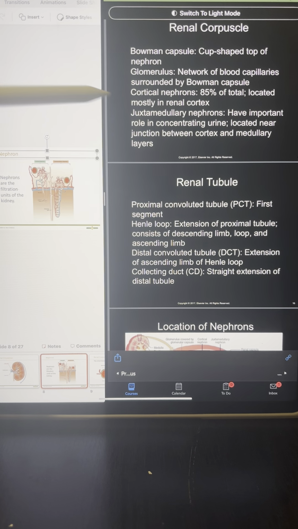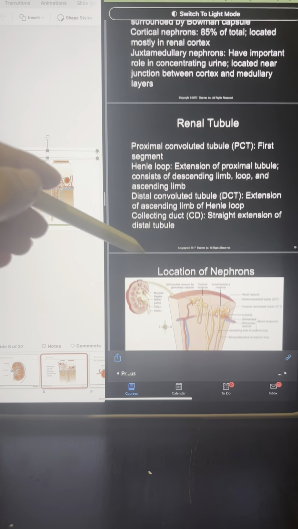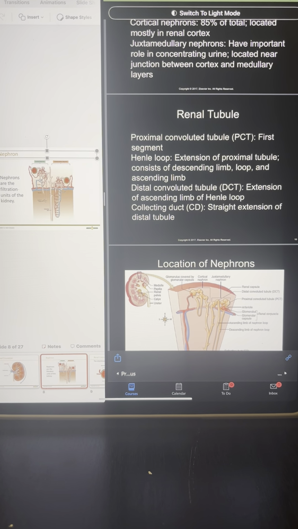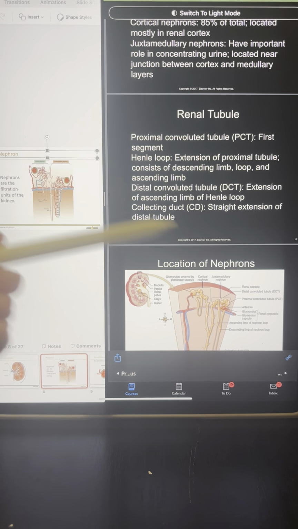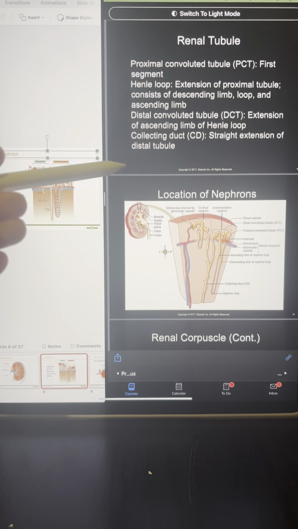So those were the parts. I kind of went into what they did, but those are the parts. You got your Bowman's capsule, and you got your glomerulus, which sits inside your Bowman's capsule. Okay, and then inside there, this whole thing is your nephron. So your renal tubule.